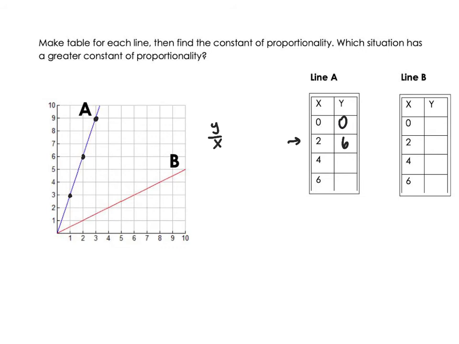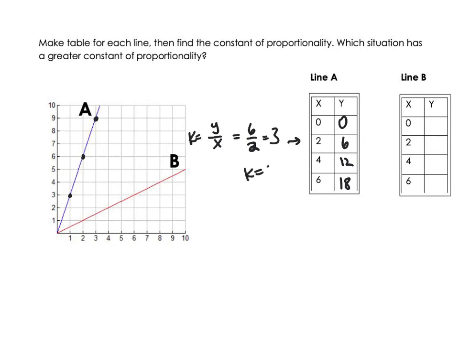In this case, that is 6 over 2, which, oops, I wrote 3. There we go. 6 over 2, which is 3. My brain was racing ahead. Okay, so that means you can just do 4 times 3 is 12, 6 times 3 is 18, right? That's how you figure it out. The constant of proportionality is 3.